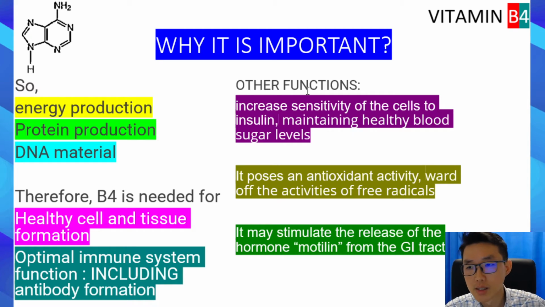Other functions that adenine plays a role in include increasing sensitivity of the cells to insulin and maintaining healthy blood sugar levels. It also possesses antioxidant activities, therefore helping us to fight off free radicals. Additionally, it may help to stimulate the release of the hormone called motilin from the gastrointestinal tract.